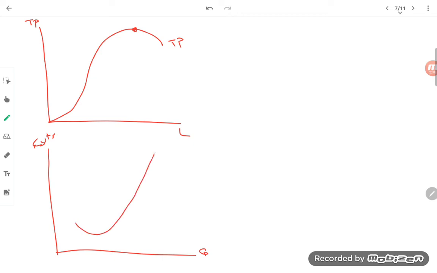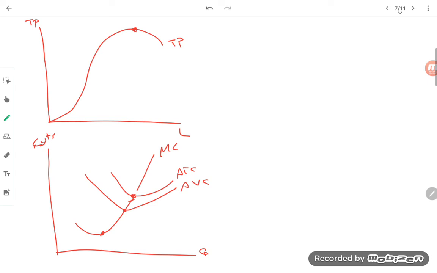This is minimum marginal cost. This is minimum average variable cost. This is minimum average total cost.